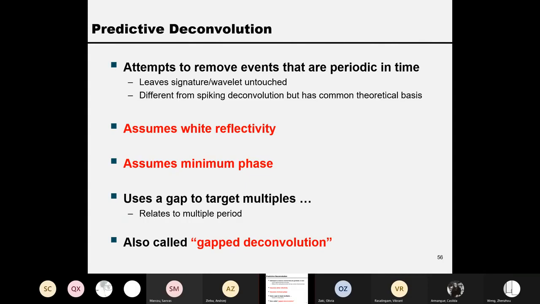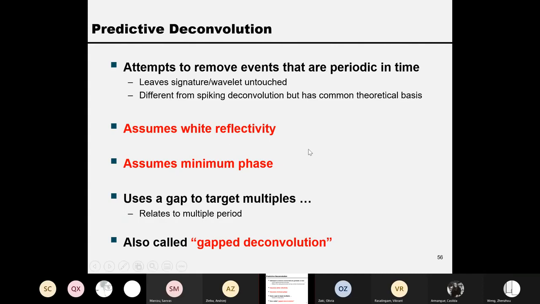That means in your seismic trace, you have something really periodic and predictable, okay? The purpose is to try to remove those events which are predictable in time. We saw that multiples have fixed travel time and almost fixed wavelet, so they can be predicted from seismic data.